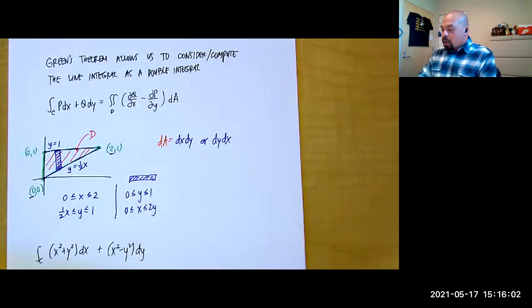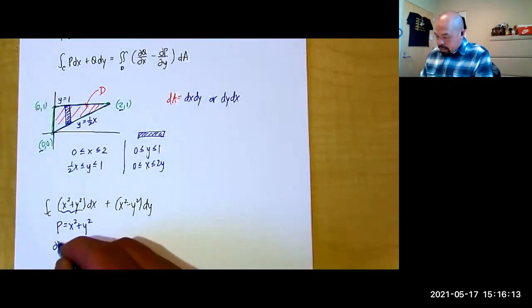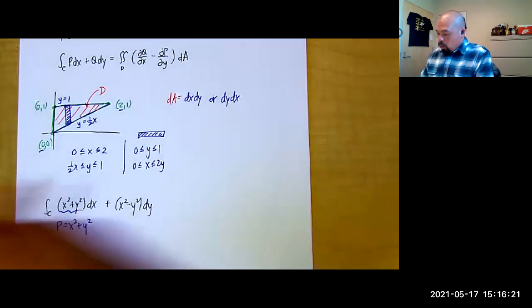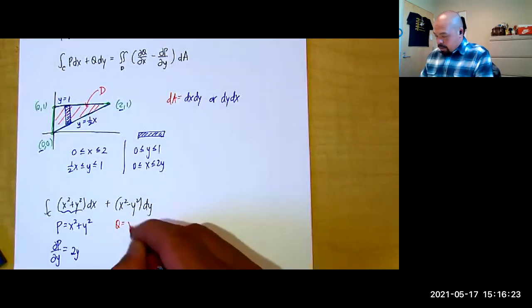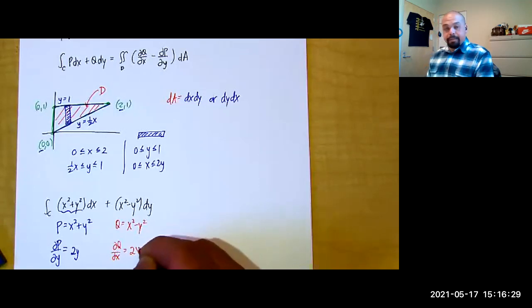So in this case, our function for P, x squared plus y squared, dP dy, kind of the opposite variable to y. Q, x squared minus y squared, dQ dx to x.